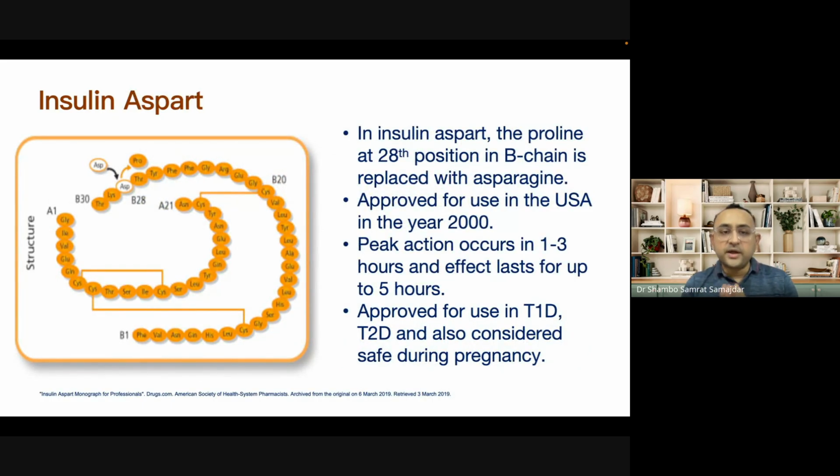When we talk about insulin aspart, we had already discussed these changes, and that pharmaceutical change translated into the pharmacokinetic property of this insulin molecule. Most importantly, it is applicable for pregnancy also.